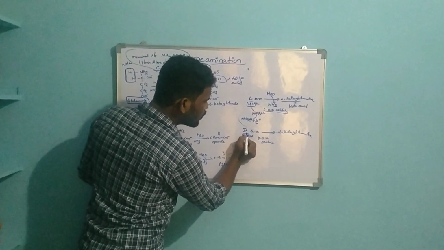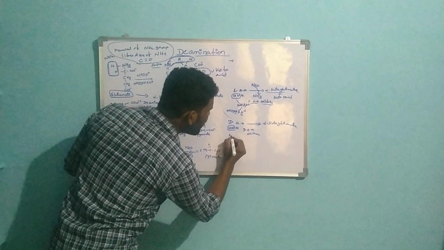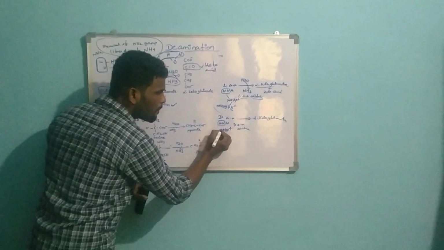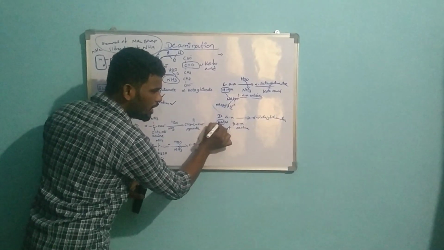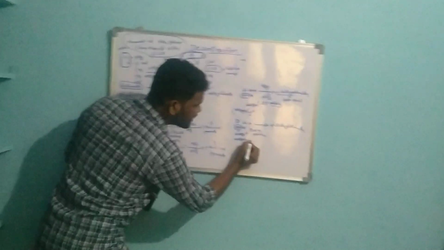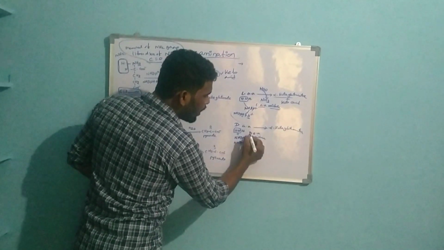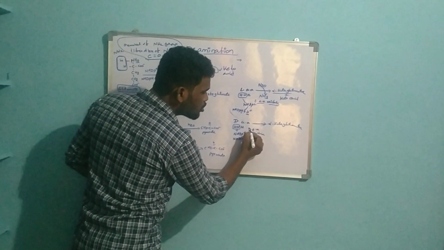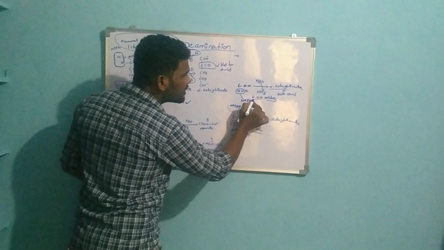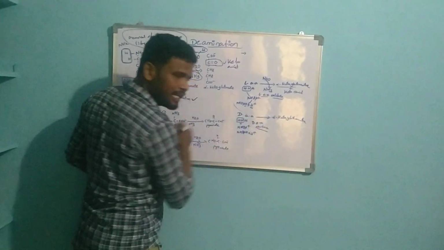It removes the two hydrogen atoms by the addition of NADP plus. This NADP accepts the two hydrogen atoms and gets converted into NADPH plus H plus ions. So in this reaction the enzyme is levoamino acid oxidase, and in this reaction the enzyme is dextroamino acid oxidase.